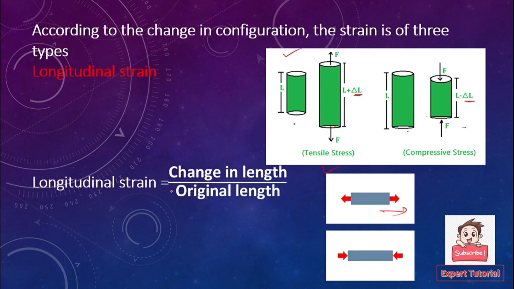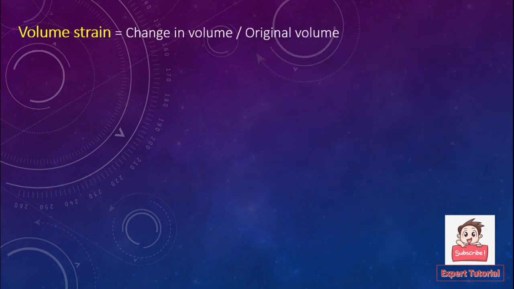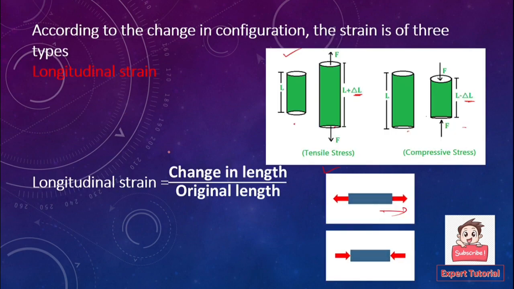So longitudinal strain is the ratio of the change in length to the original length, delta L by L in both cases. Since it is the ratio of lengths, it has no unit.